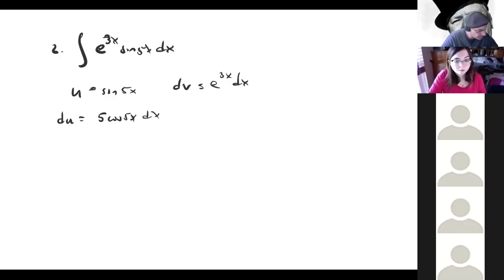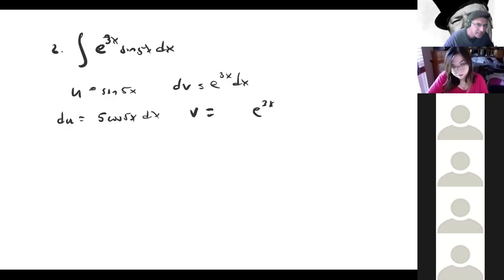Okay, now dv is e to the 3x. That means v is the antiderivative of e to the 3x. So you guess that it should have something again to do with e to the 3x. But you want to put a factor there to make sure you get the right derivative. See, the derivative of e to the 3x is 3 times e to the 3x. And we don't want to get a 3 times e to the 3x.